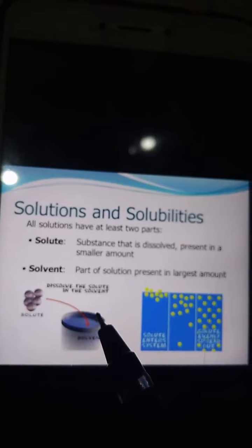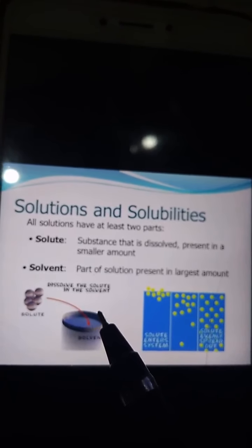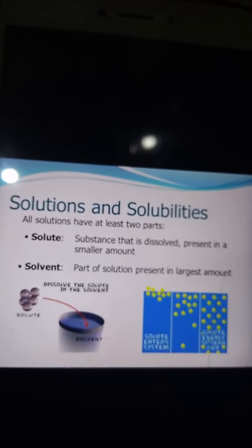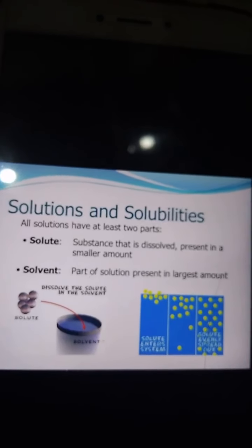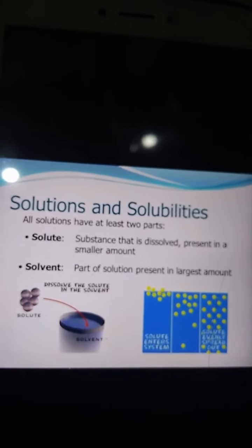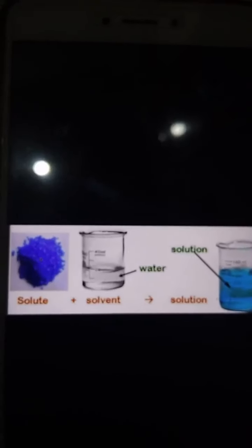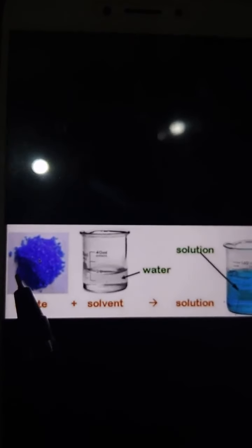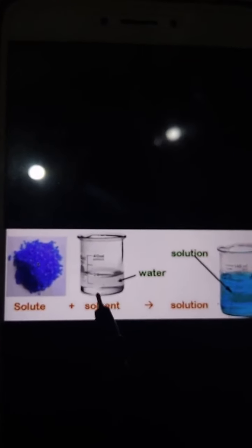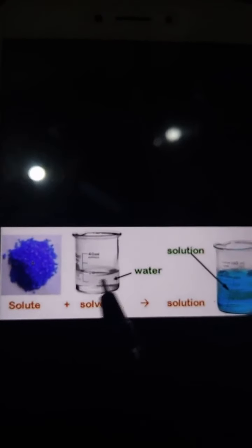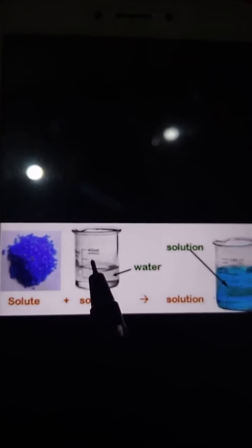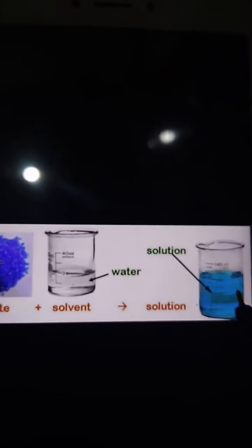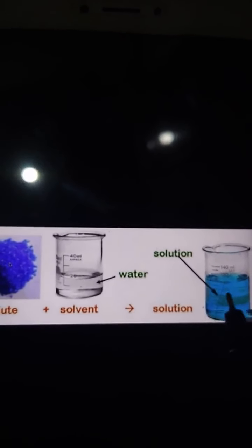So again, in the sugar water solution, water is the solvent and sugar is the solute, and together they make the solution. Here is the solute and here is the solvent, and water is our solvent, and the solvent can be anything whatever you are taking, right? And when we add this solute in the solvent, we will have this blue color solution, right?